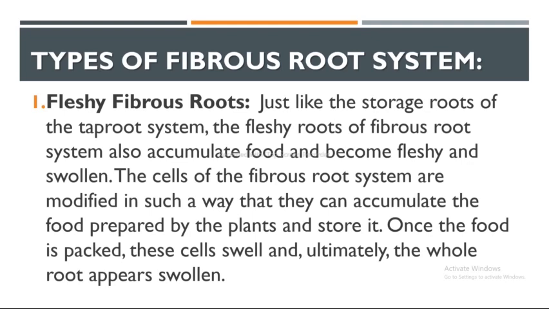Just like the storage roots of the taproot system, the fleshy roots of the fibrous root system also accumulate food and become fleshy and swollen. The cells of the fibrous root system are modified in such a way that they can accumulate the food which is prepared by the plants and store it. Once the food is packed, the cells swell and ultimately the whole root appears swollen.